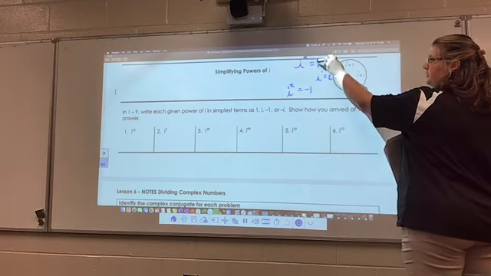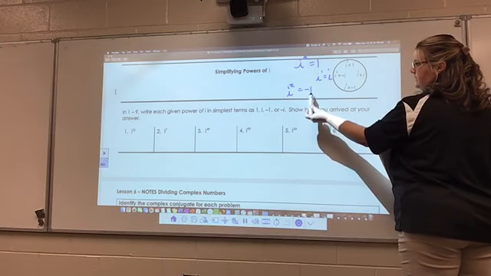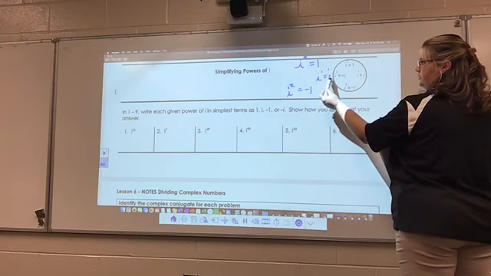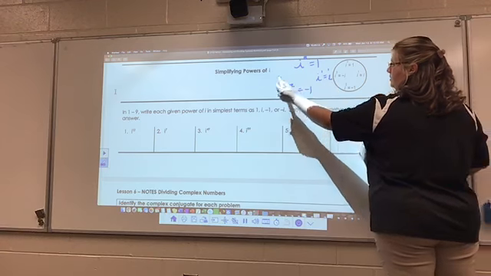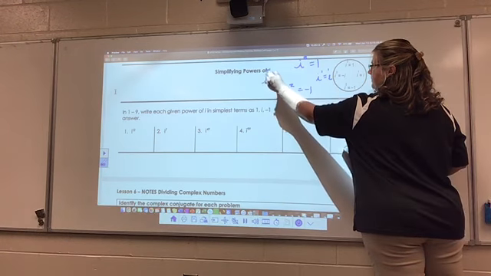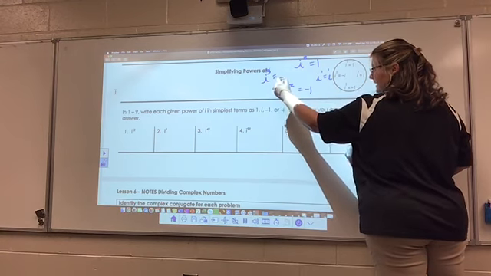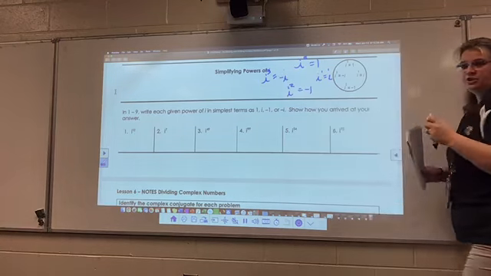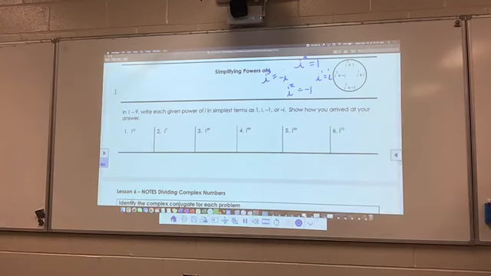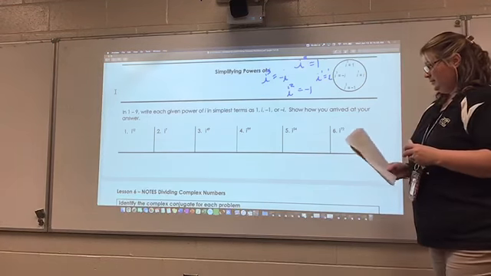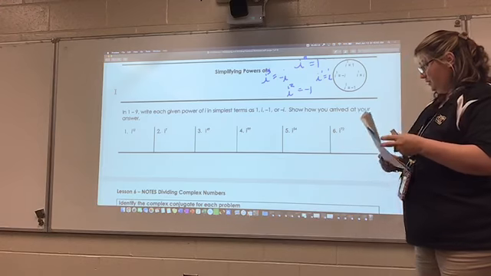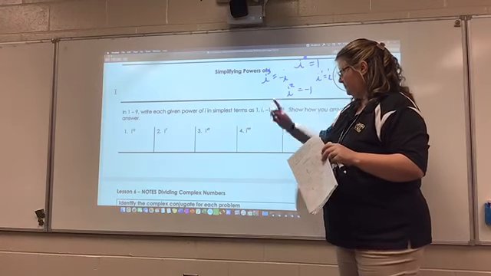So I to the 0 is 1, I is I, then I squared is negative 1. And if I to the first is I, what do you think I to the third is going to be? Negative I. So you've got an I and a negative I.